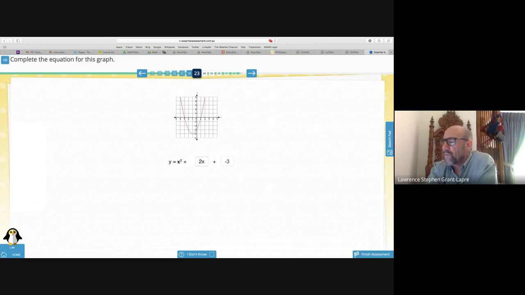Notice how you've got both positive, a is 1, b is positive 2, so it's turning on the left. It turns at negative b over 2a, which is -2 over 2. We could have worked it that way if we wanted to.